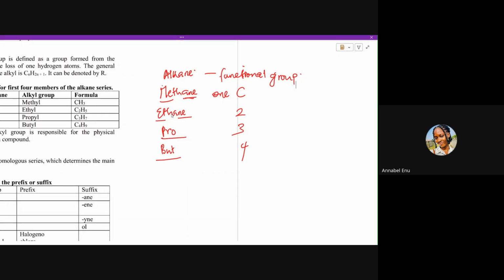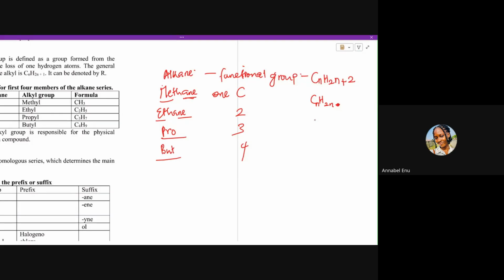So every member of the same homologous series will follow the same general formula. Alkane, for example, has the general formula CnH2n+2. Alkene has the formula CnH2n.